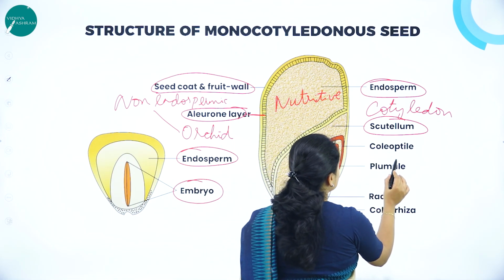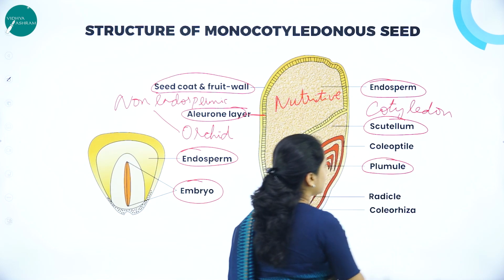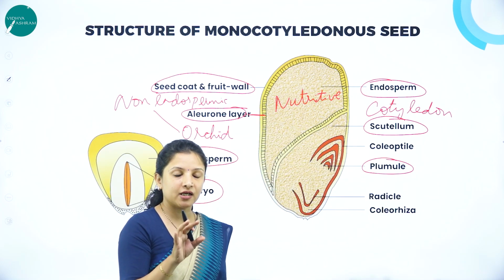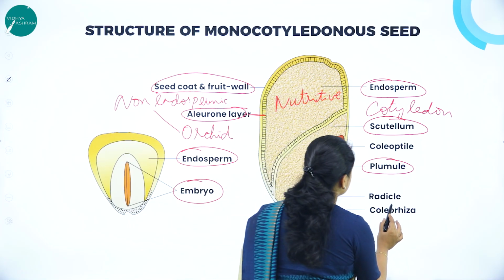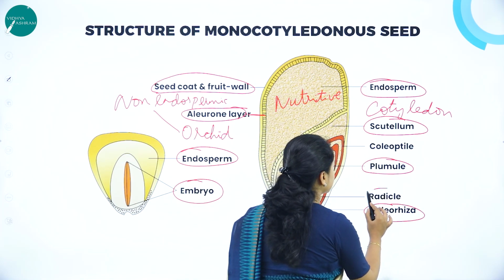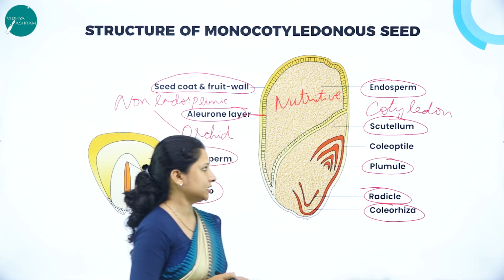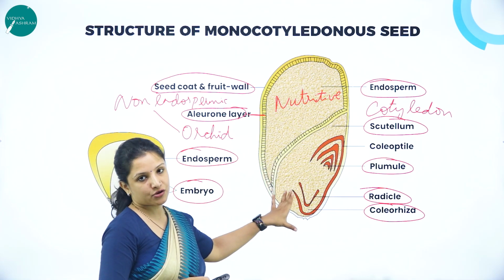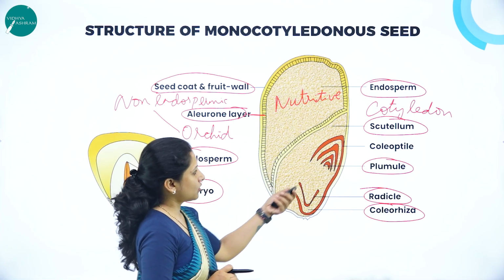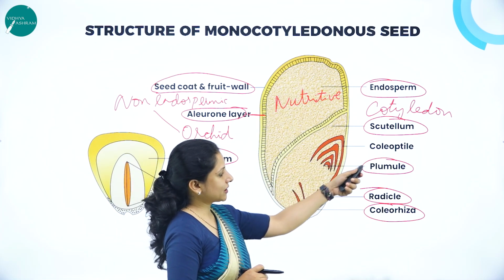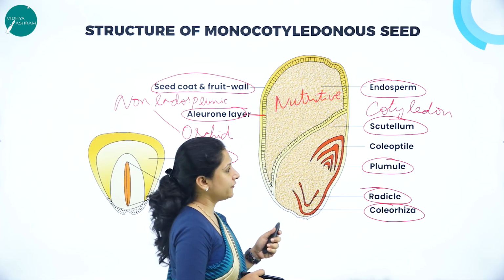The covering of the plumule is called the coleoptile. Coleoptile is a layer that acts as a shield protecting the plumule, and it also has coleorhiza which acts as a shield protecting the radicle. So this is the typical structure of a monocot seed inside. All these are important. Knowing about the coleoptile and the coleorhiza can come for 1 mark.